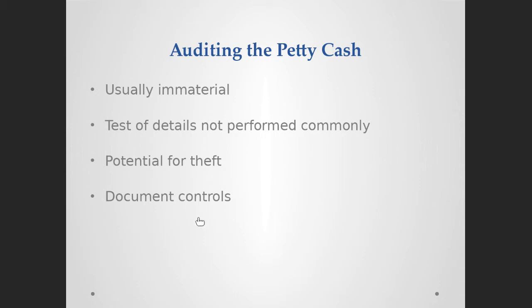So you want to see what the controls are, meaning where is it kept, is it under lock and key, who's responsible, who is supposed to spend money from that, how do they replenish that fund, etc. But it's a small amount, not a big deal, but nonetheless, you can ask a few questions to make sure that the petty cash is handled properly.